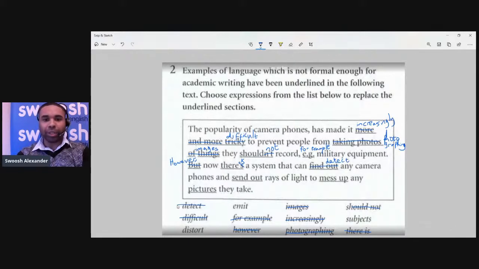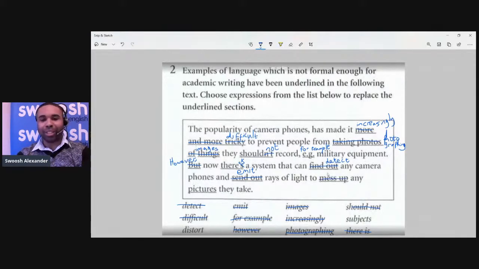So detect any camera phones and send out, another phrasal verb. Let's change that to emit. And emit rays of light to mess up.